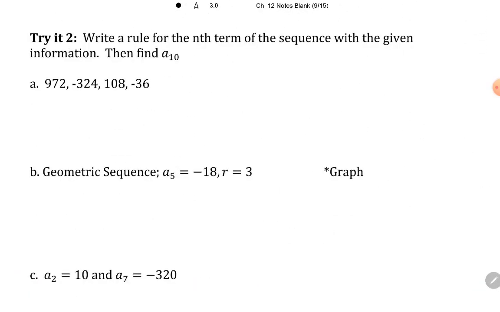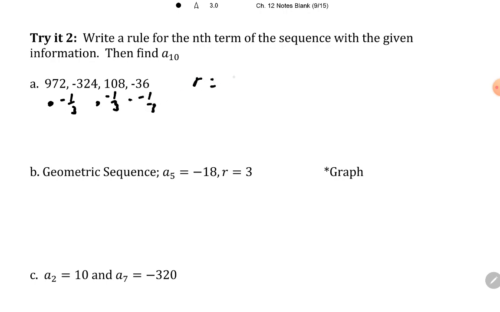So write a rule for the nth term of the sequence with the given information, then find a sub 10. So what's going on here is that each one is being multiplied by a third. Okay, we're basically dividing by -3 each time. So that's the same thing as multiplying by -1/3.